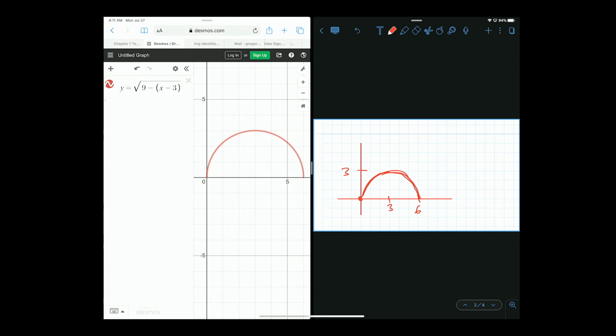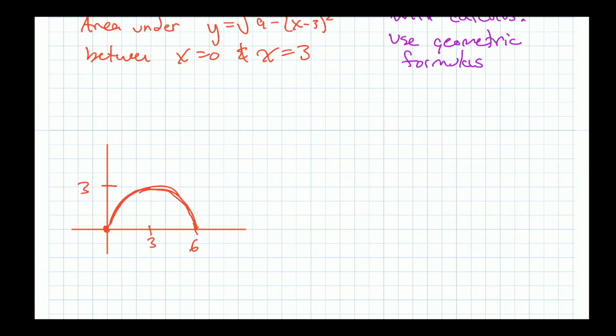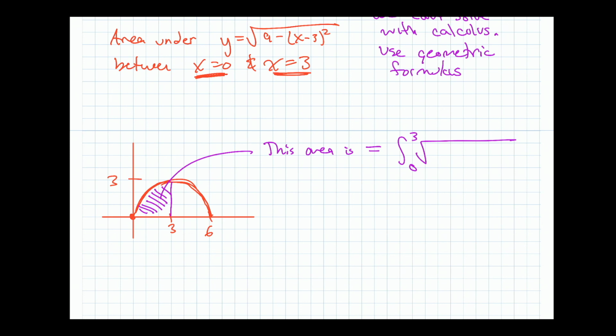That's the curve that we're trying to find the integral of. But we're specifically looking for an area. So they say between x equals 0 and x equals 3. So what is that area on this picture? It's right there, right? So this area is equal to the integral from 0 to 3 of square root of 9 minus x minus 3 squared.